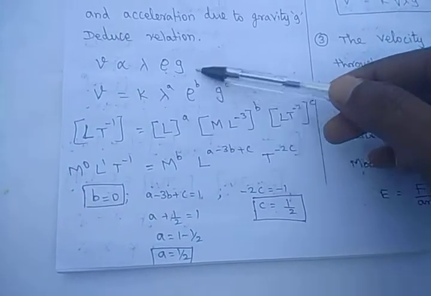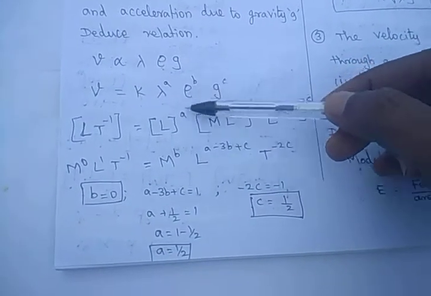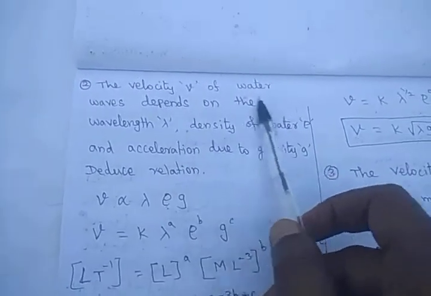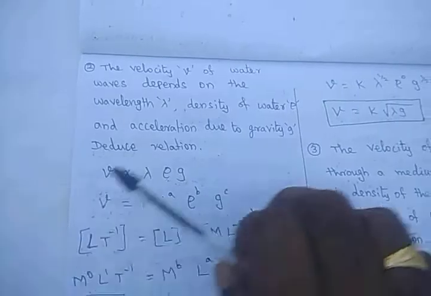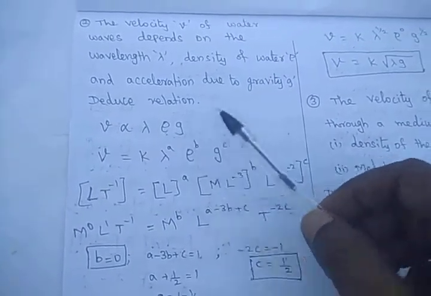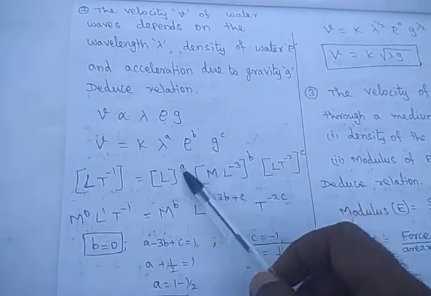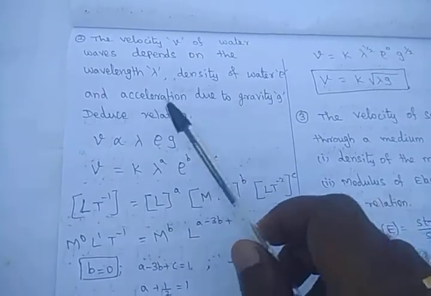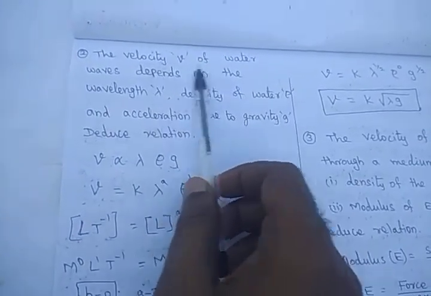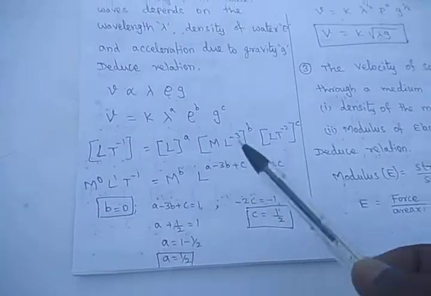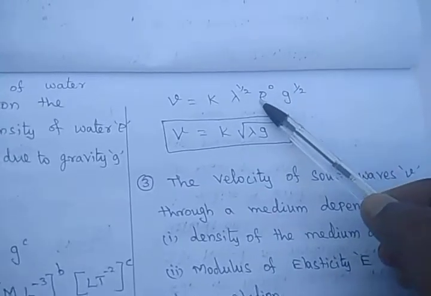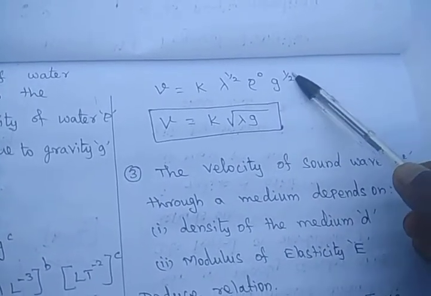Sir, you may ask one question: b will become 0. So there is no density term. Yes, the velocity of the water waves does not depend upon the density of the water. So we evidently prove that the density of water does not play any role in the velocity of water waves. Substituting these values, we get v is equal to k lambda power 1 by 2, rho power 0 and g power 1 by 2.